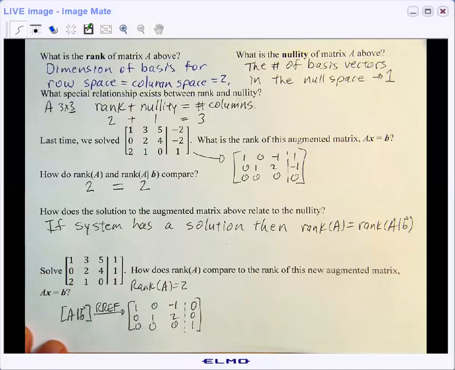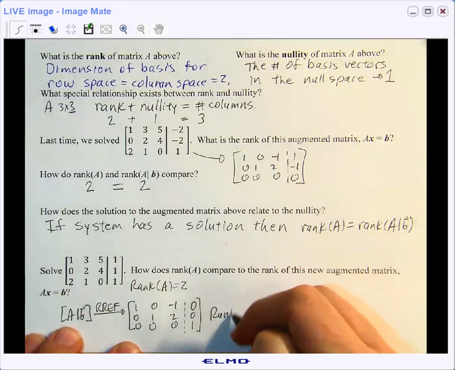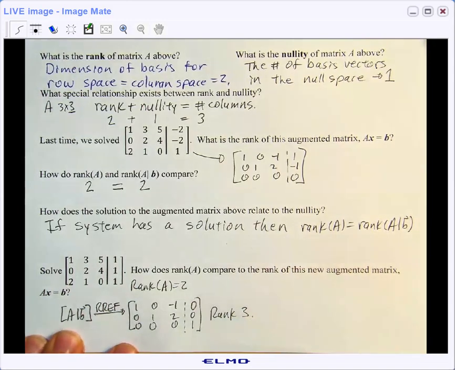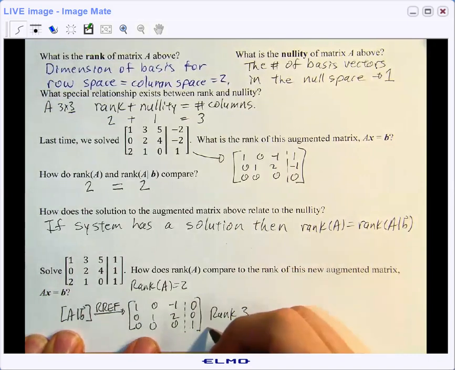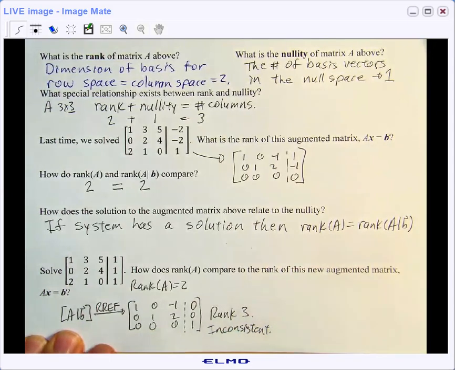Okay. So again, our coefficient matrix has a rank of 2. And if I do A augment by this new B column vector, I get this guy, which has a rank of 3. But notice that this is going to be inconsistent. So there's no solution.